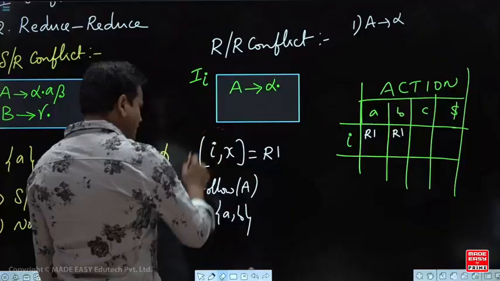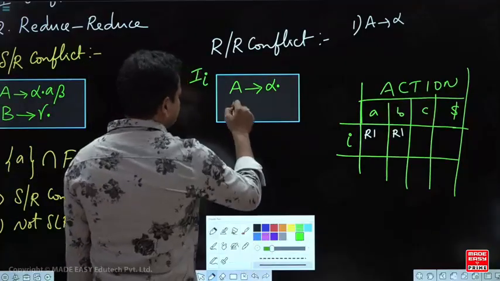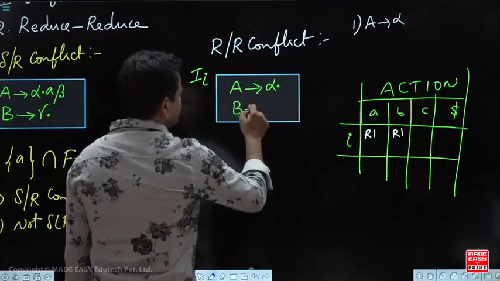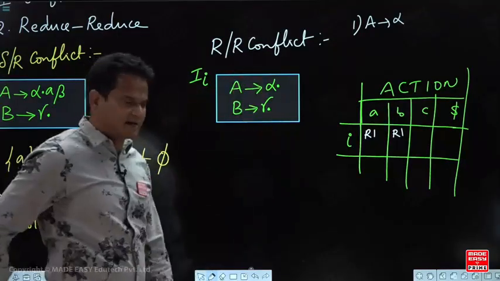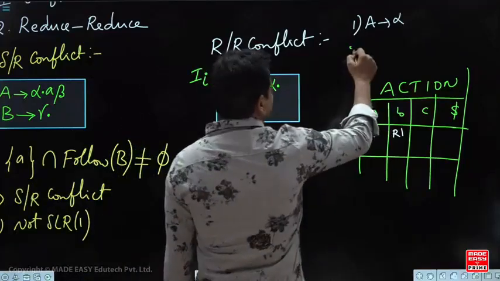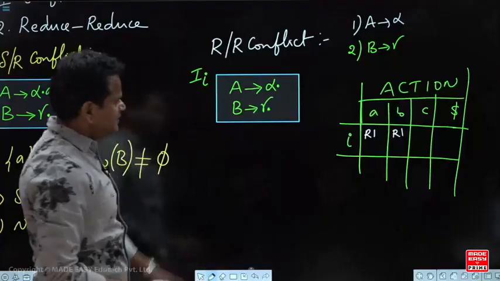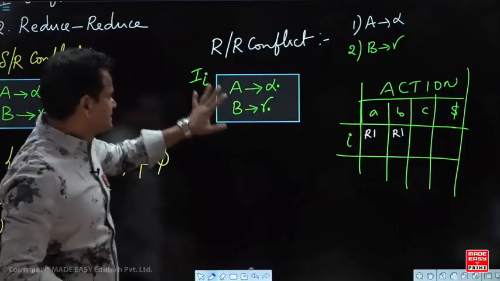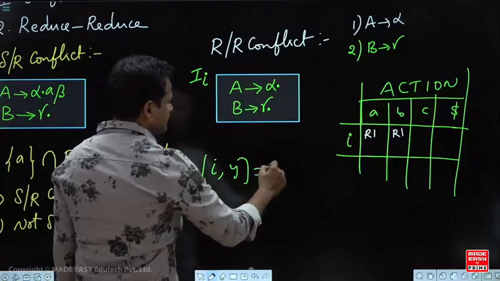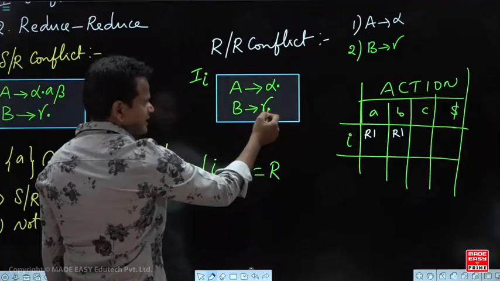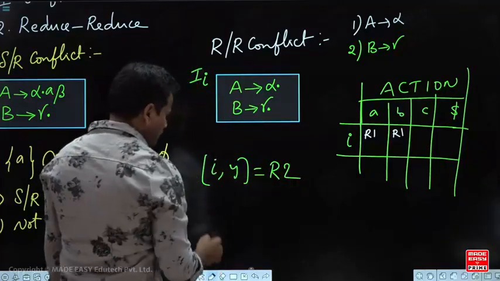Now, in the same state, suppose there is one more final item, one more production in which the dot has reached the end. Suppose its number is B goes to gamma, number 2. Okay, now tell me, this is the final item and this is in Ii. So ith row and yth column, we write the reduce because the dot is at the end. Reduce by, what is its number? 2. We write the reduce 2. And what is y here?